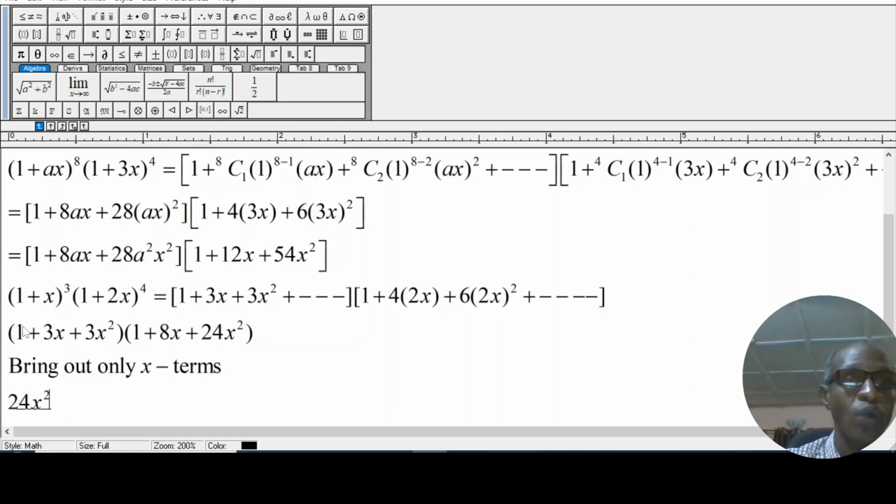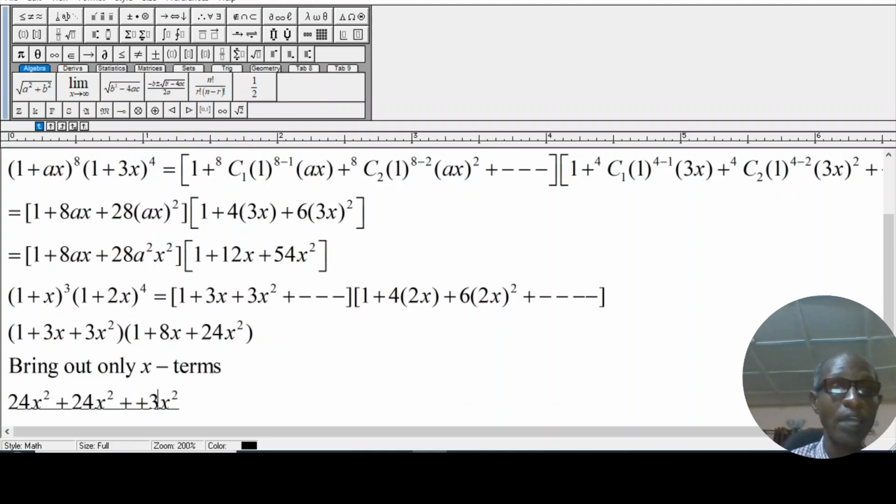So 1 times this will give us 24. So 3x times this will give us 24x squared. Then 3x squared times 1, so plus 3x squared.